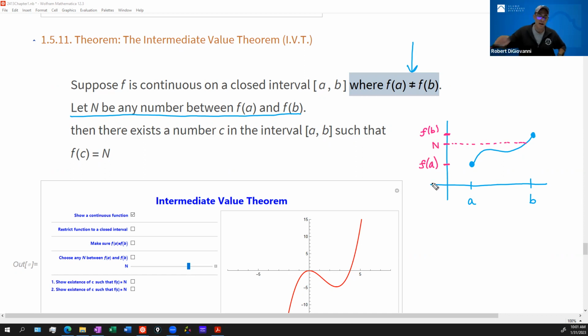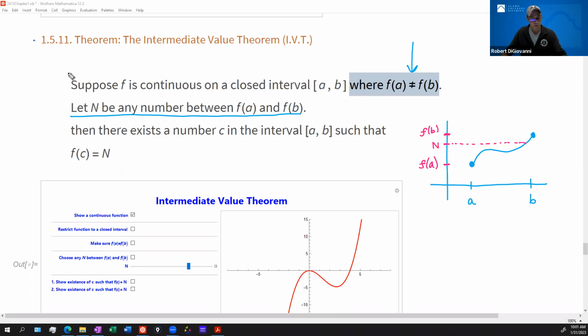So do you all agree that if f of a and f of b are not at the same height, there's a bunch of numbers between them, but I could just pick one of them and call it capital N, right? As long as they're at different heights, I should always be able to find a number. It doesn't even have to be right in the middle of them. It could be any number, right?